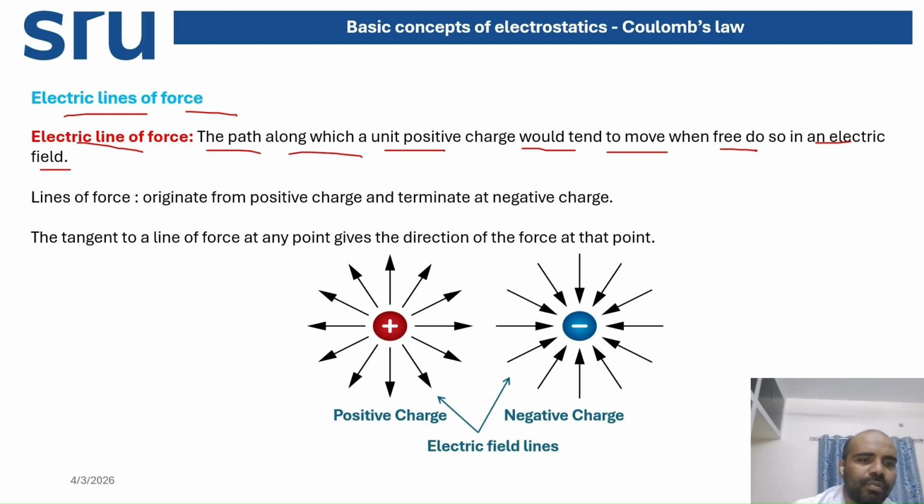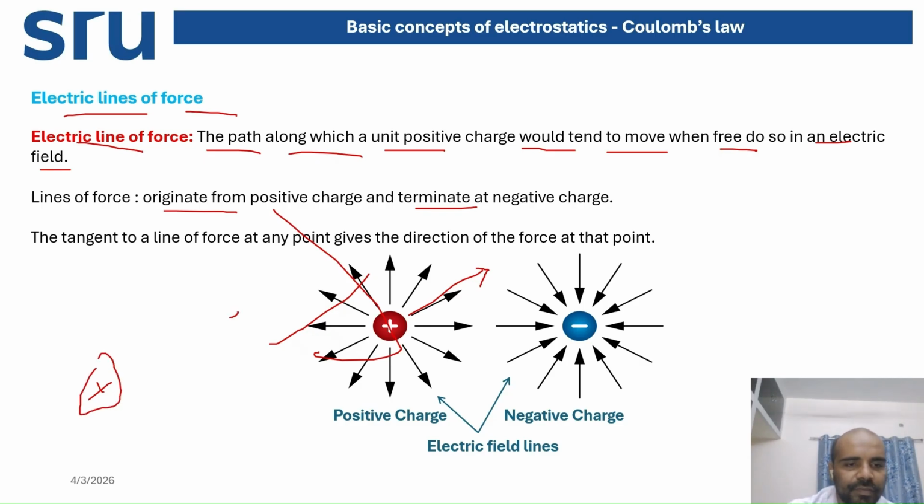So the line of force originates from the positive charge. Here you can see that it originates from the positive charge and terminates at the negative charge. So if there are two charges, a positive charge here and a negative charge here, then it originates from the positive charge and terminates at the negative charge, right?